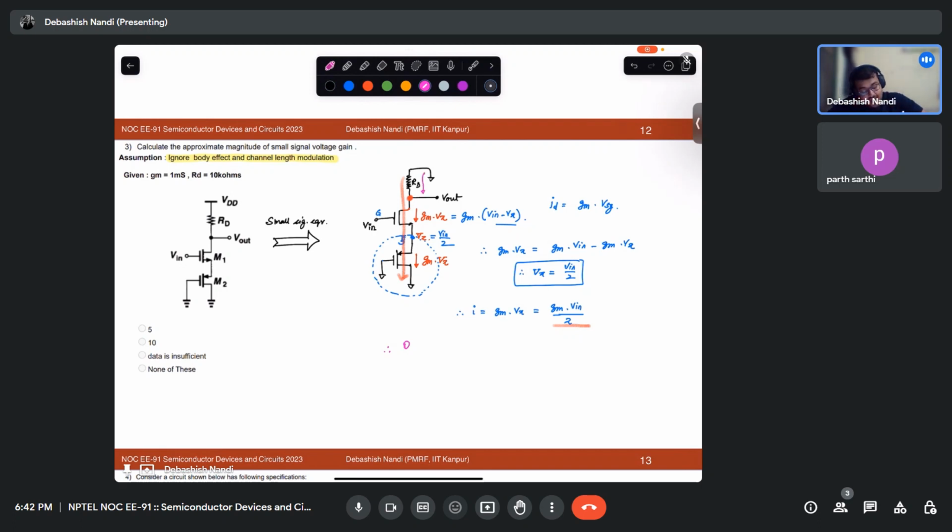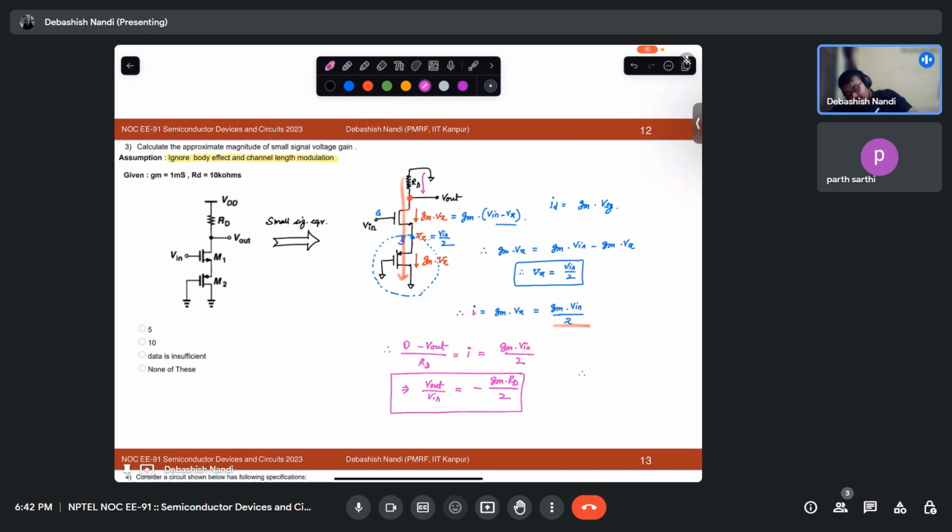This is also I. So 0 minus Vout over RD is equal to I, which is equal to gm Vin over 2. So your Vout over Vin should be minus gm RD over 2. This is your gain.